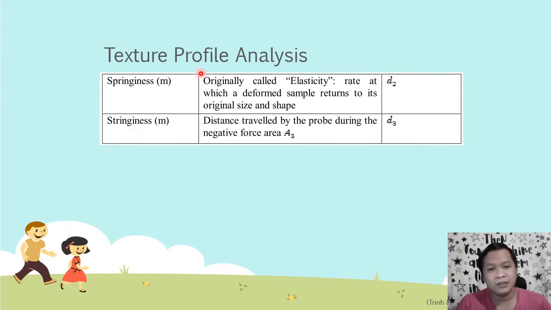So, springiness, originally referred to as elasticity, is the rate at which a deformed sample returns to its original size and shape and is measured as the time D2, while stringiness is the distance traveled by the probe during the negative force area A3, which is measured as your D3 dun sa graph mo.